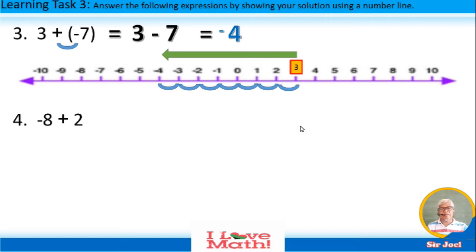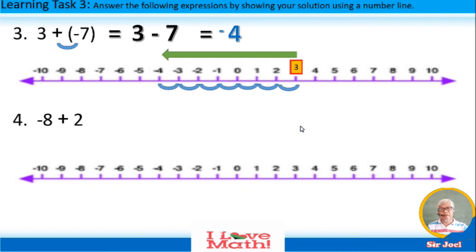Next, problem number 4. Negative 8 plus 2. Okay? So, wala namang magkasunod na signs. Therefore, our problem is simply negative 8 plus 2. Draw a number line. Okay? Then, at first, locate negative 8. Ayan. Klaro? And then, since after negative 8, ano ang sumunod?